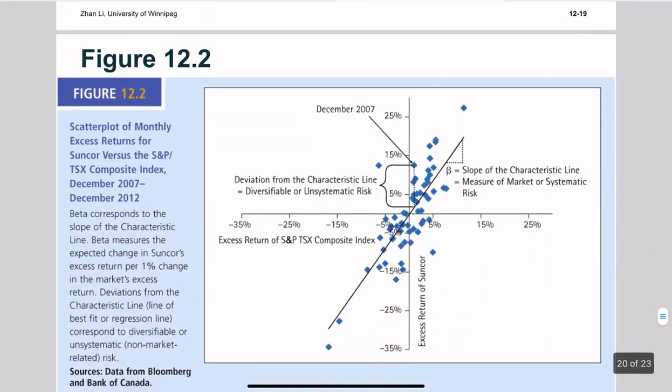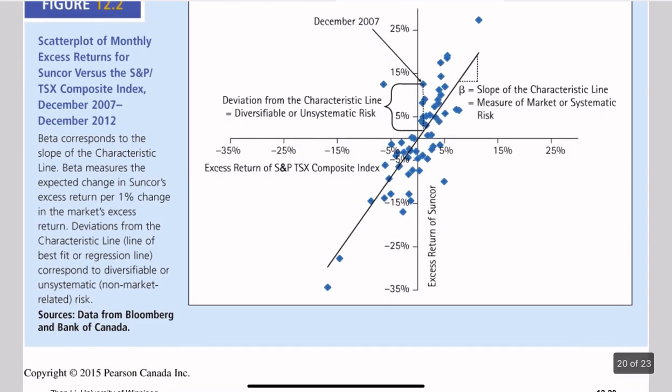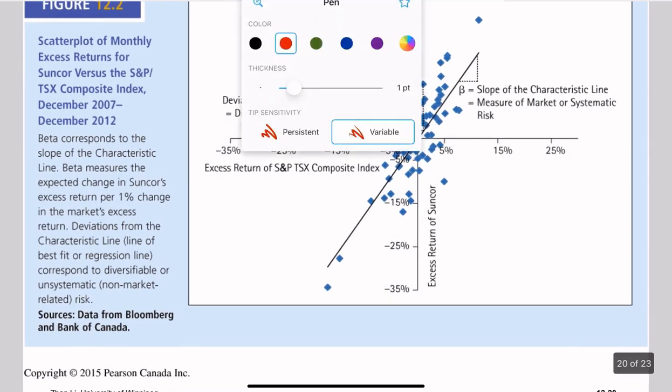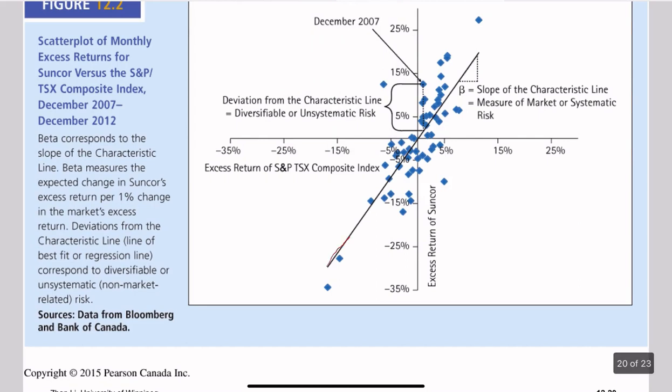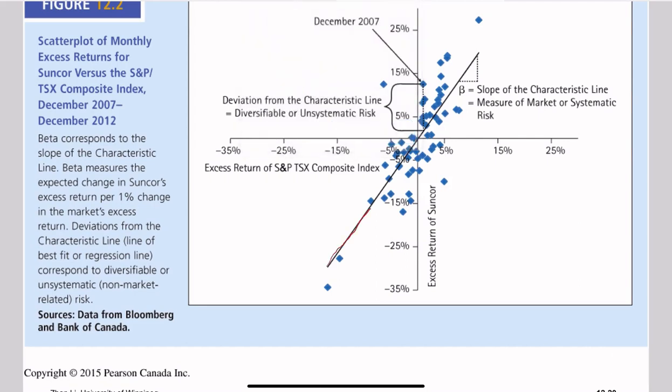But how do you precisely find out the value of Suncor's beta? Well, as I said, you have to use regression. So here you can see that you're having a regression line here. This line is the regression line, right?